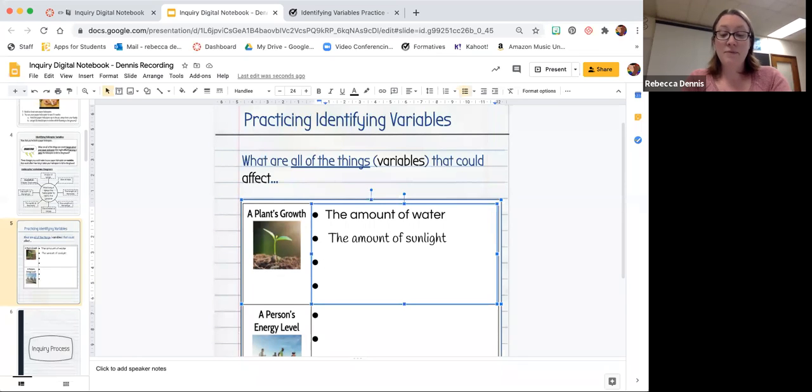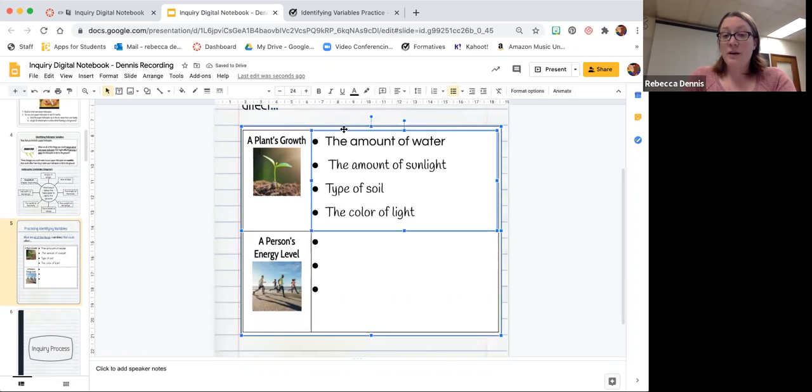The type of soil, like what is in the soil that they use. Maybe how much sun it gets. So the amount of sun, oh, I did already say that. Or the color of light that it's exposed to. All of these could affect how fast or how well our plant grows.